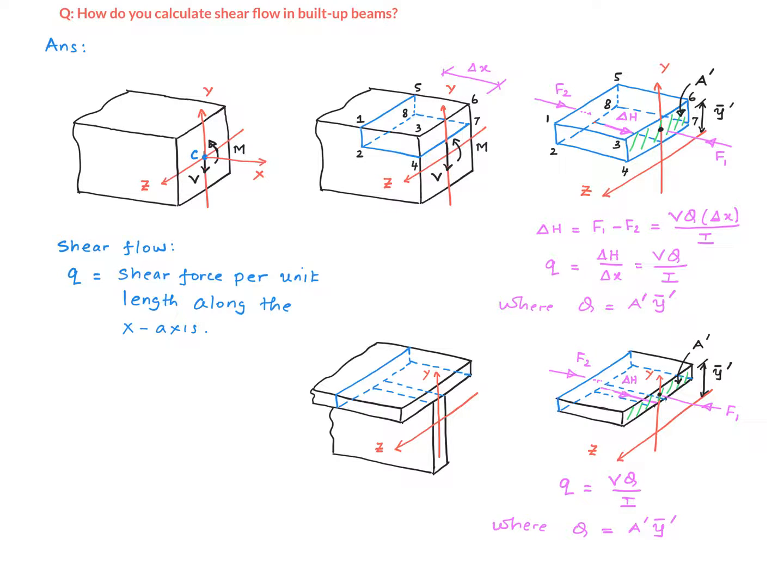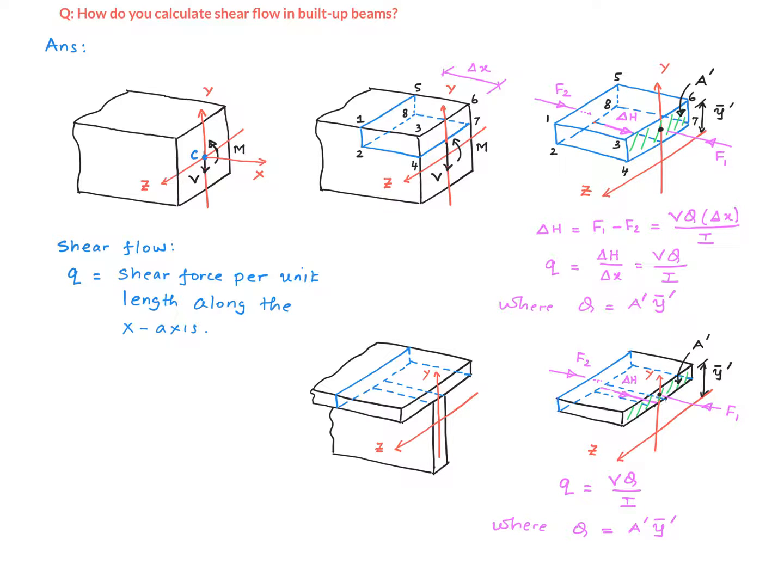What if we have a T-beam like this? Well, the analysis is going to be similar, right? So the shear flow, which is the force per unit length along this rectangular surface, which is the surface between the flange and the web, is still given by this equation.